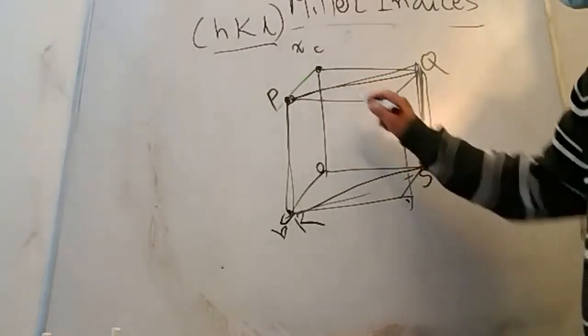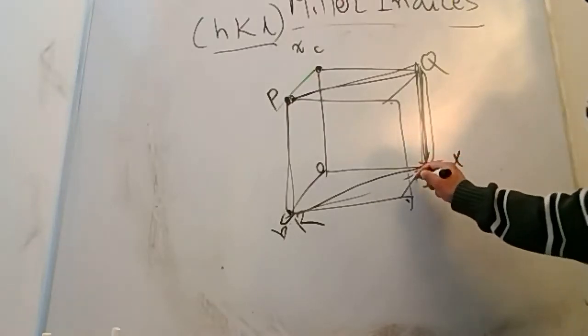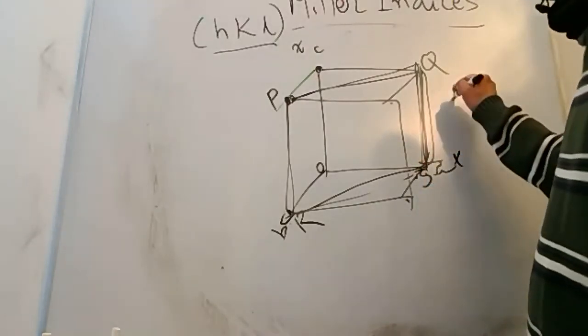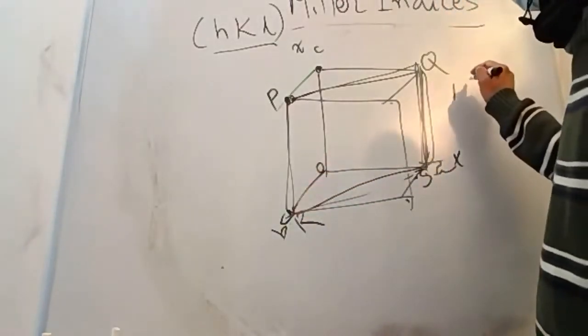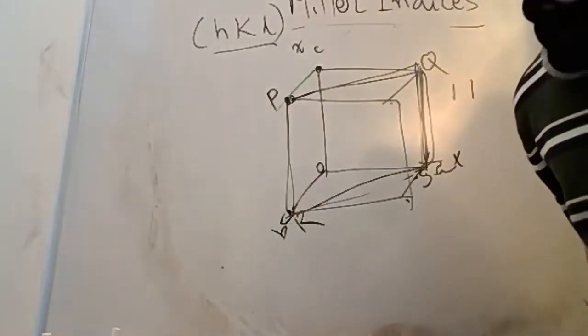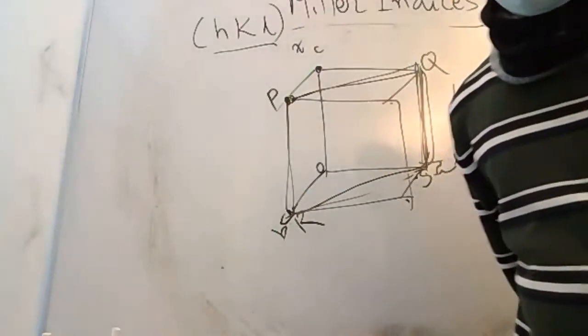So this plane is intersecting the x-axis exactly at A. So the ratio of intercept is 1 here. It is also intercepting the y-axis at 1, exactly at B. But is it intercepting C?